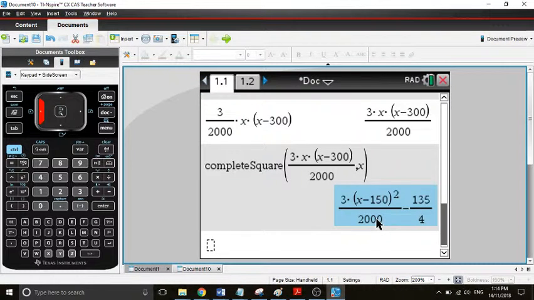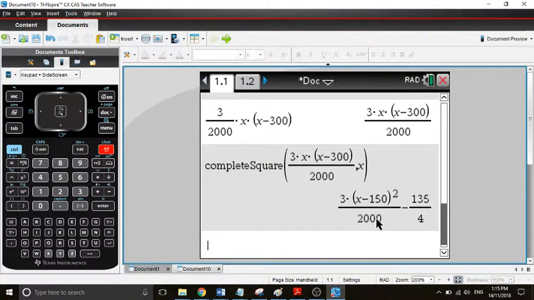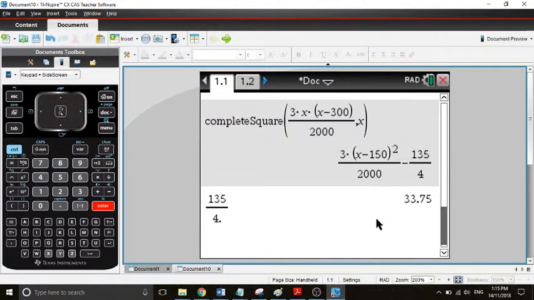So we'll say 135 over 4.0, 33.75, close enough. So for this one, we've got it happening at 150, because that's when it should be. So we substitute 150 into this and we end up with 33.75.